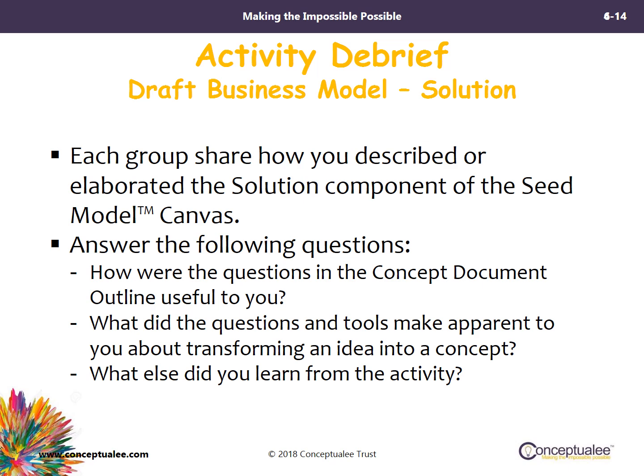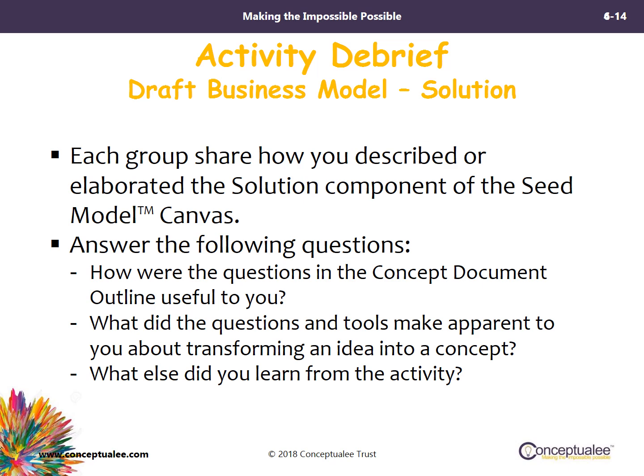This activity underlines the importance of getting into the habit of using the different tools and any work you have done previously, and connecting the work between tools and documents. Later in the workshop, you will transfer appropriate information over to the idea roadmap so that you can keep it before you. The seed model canvas and concept document are also documents you keep before you and update as you iterate.